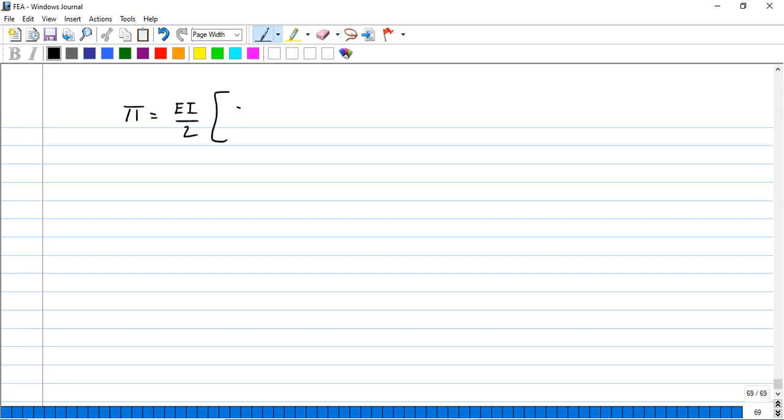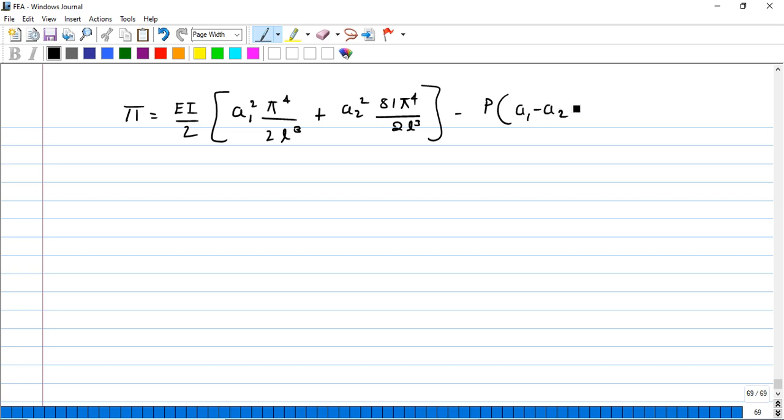Let me write that: A1 square pi to the power of 4 by 2L cube plus A2 square 81 pi to the power of 4 by 2L cube, and the work potential P into V max. V max we found as A1 minus A2. So here this particular equation we need to minimize.